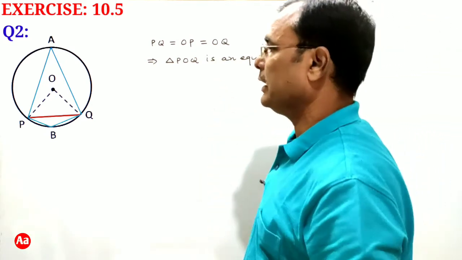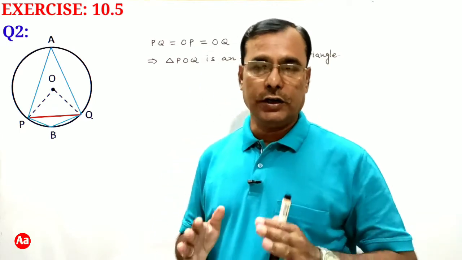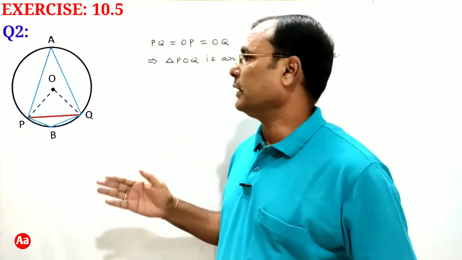Why equilateral triangle? Because the length of the chord PQ is given equal to the radius of the circle.